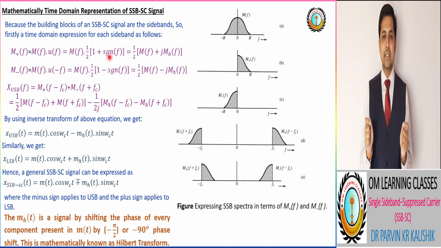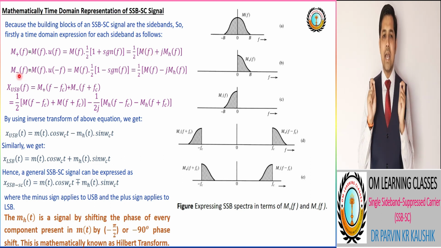Now we get M positive (f), which is equivalent to M(f) times U(f), and finally it is equivalent to 1/2 (M(f) plus j M_h(f)), where M_h(f) is the Hilbert transform of the M(f) signal.